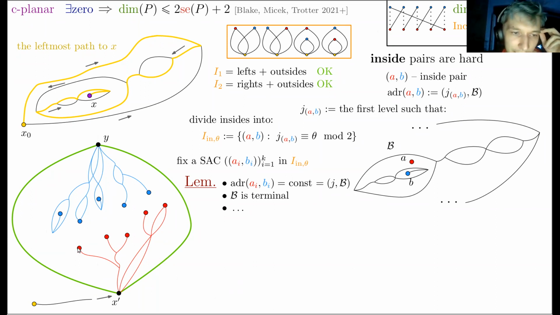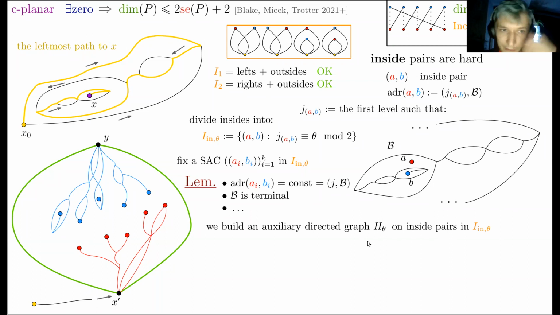Also note that A's can be taken to be the terminal point, so there is nothing later, and B's can be buried much deeper inside. Okay, so now is the most complicated part, where I just want to sell you some ideas without details.